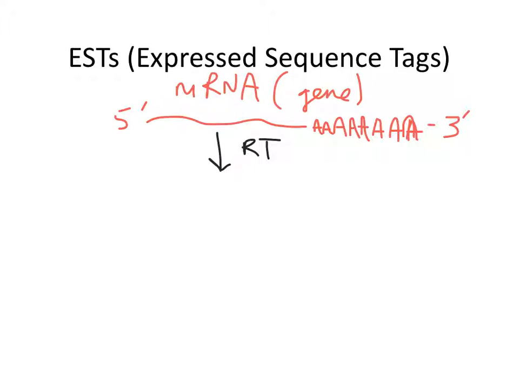So it's taking an RNA molecule and making it DNA, which is not the way the central dogma works. The central dogma says DNA gets transcribed and you produce an RNA molecule that encodes a protein. Here we're going backwards from RNA to DNA, and it uses this enzyme reverse transcriptase.